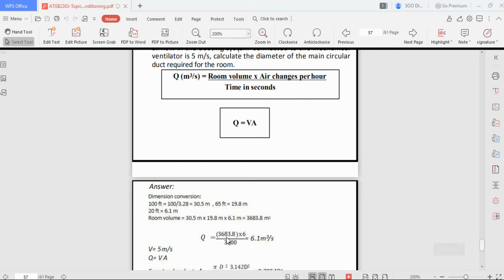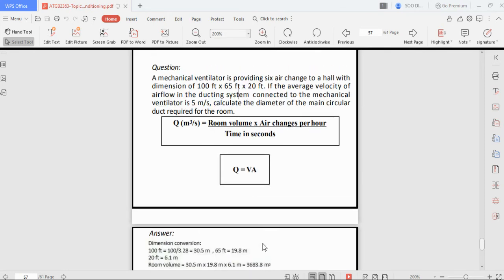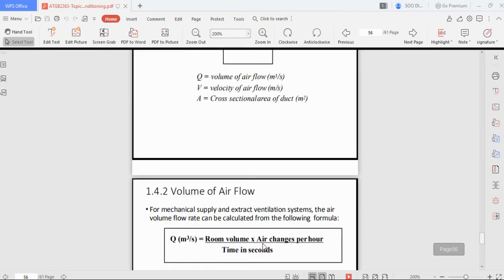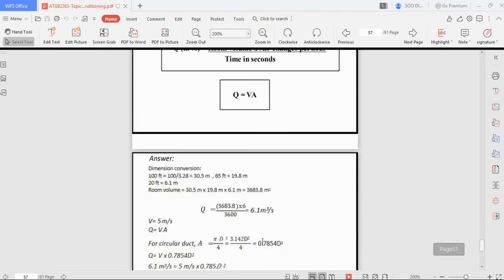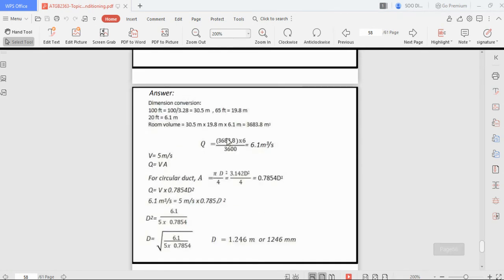So you multiply the room volume with the air changes per hour, and then you divide it by the time in seconds, you get the Q. So the Q is your volume of airflow.